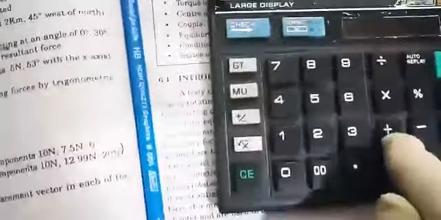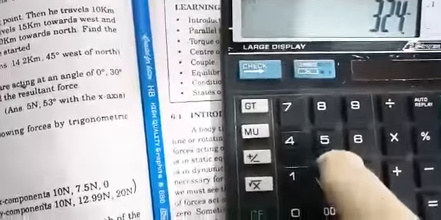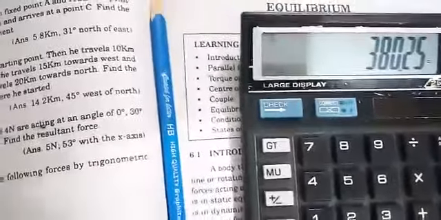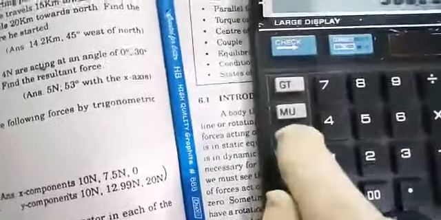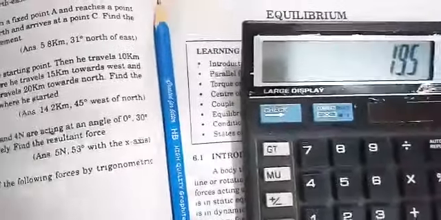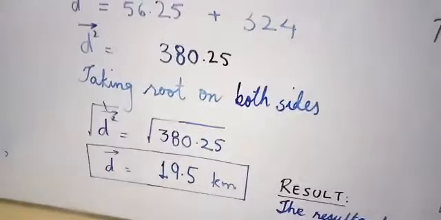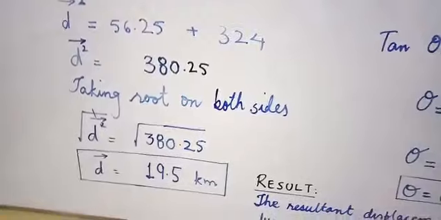When we add 324 with 56.25, it becomes 380.25, and when we take the root of this, it becomes 19.5. So 19.5 kilometers is the magnitude of the resultant for this given part.